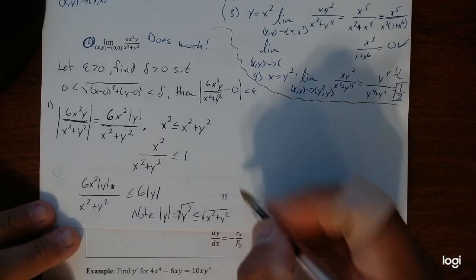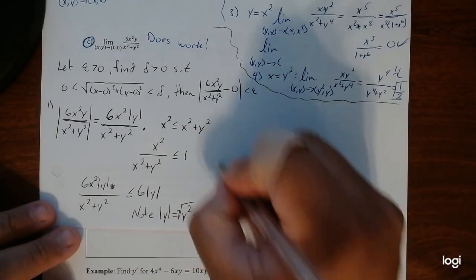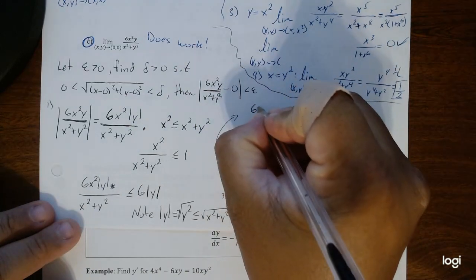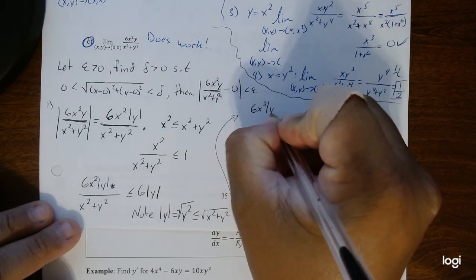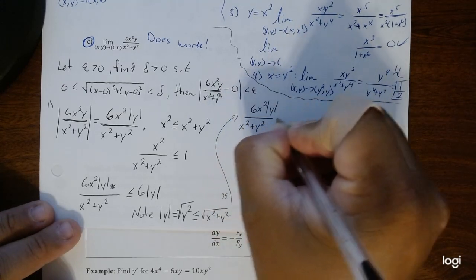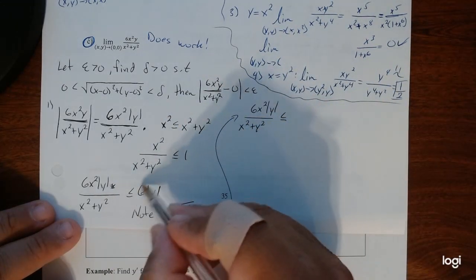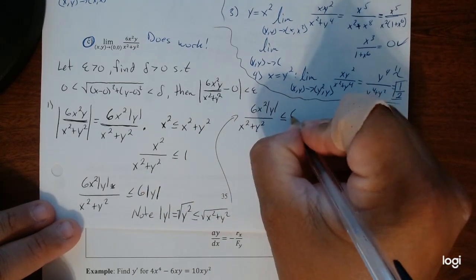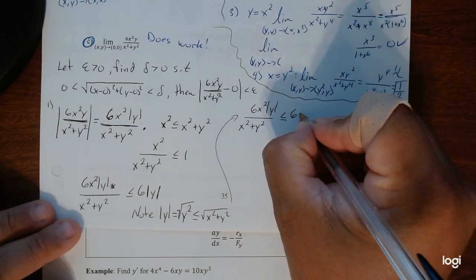So therefore, by default, what's happening is now we have all of this is less than or equal to this part, but this part was less than or equal to that, so that's equal to 6, and just if you want to substitute it, all of this.